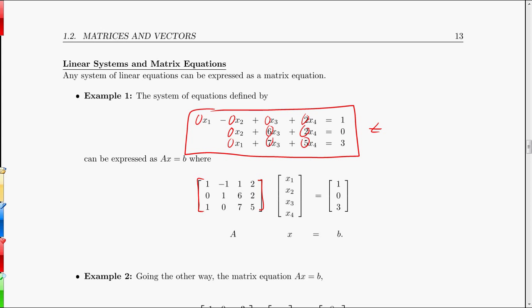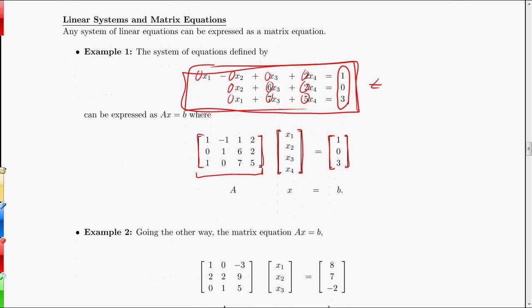So if I make this coefficient matrix right here, A, those are all the coefficients in their appropriate location. And then I let x be the vector of unknowns, x1, x2, x3, x4, and I let b be the right-hand side of all of these equations. Then this nasty set of equations can be written simply as A times x equals b.